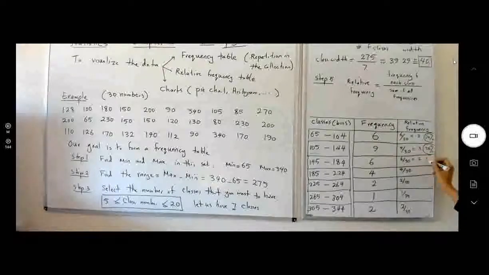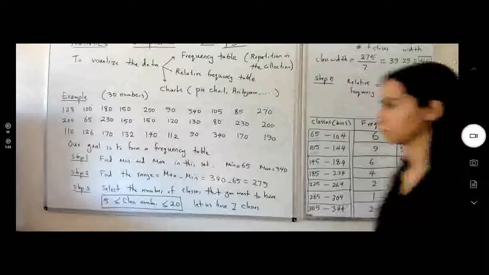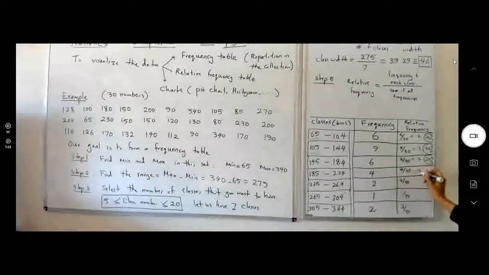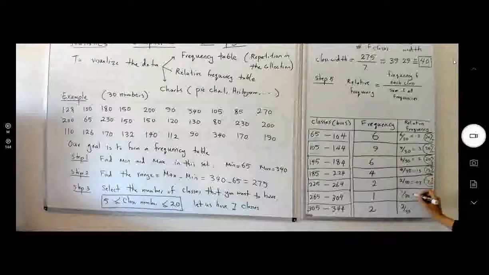You have 0.2 or 20% again. 4 divided by 30, 0.13 or 13%. 2 divided by 30 is 0.07 or 7%. And 1 over 30 gives you 3%.